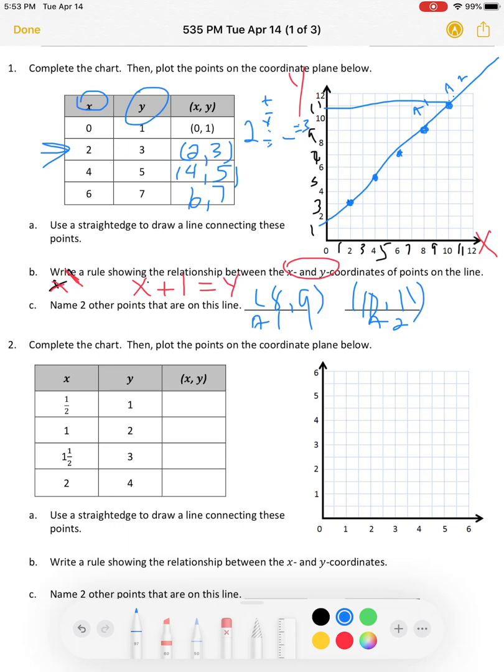Complete the chart. Then plot the points on the coordinate plane. And here, let me give you a quick tip, because this just came to my mind. Sometimes it may help if you watch the complete video first, then go back and watch the video while you do your writing. That may help out a whole lot. The best thing about YouTube is you have the freedom to pause the video as much as you need to, or slow the video down if you need to.